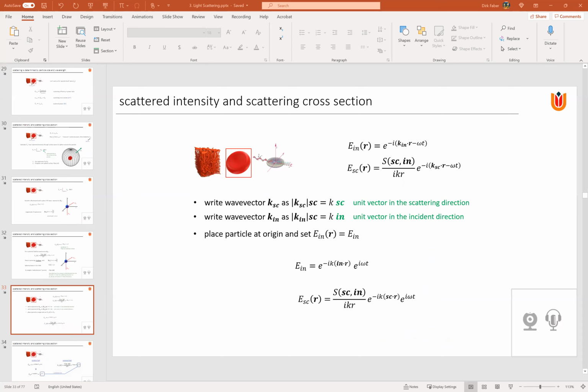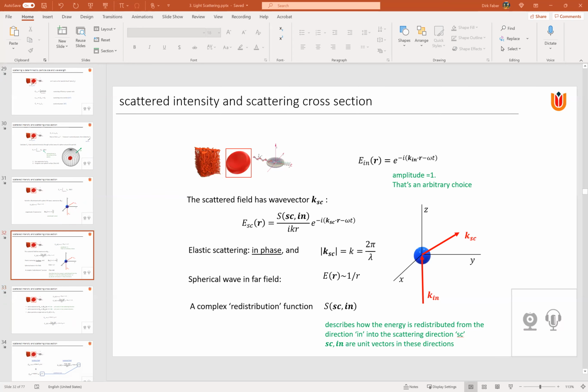Sorry, can I ask something? Yeah. If you go back, I don't exactly get what you mean with the spherical wave. So the subscript S is missing here, but this is the outgoing spherical wave, the outgoing scattered wave from the particle.